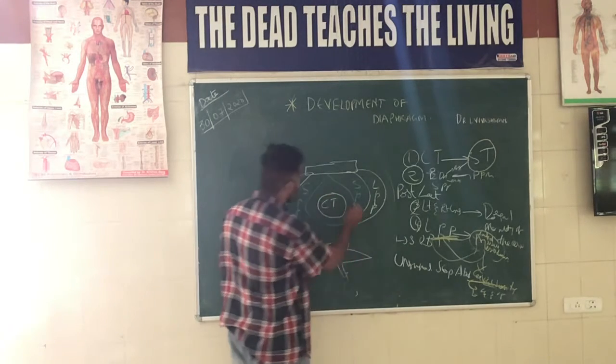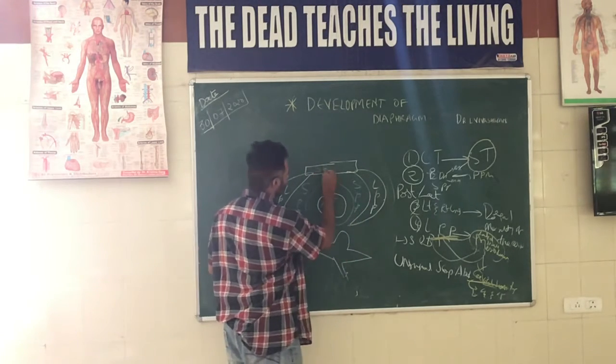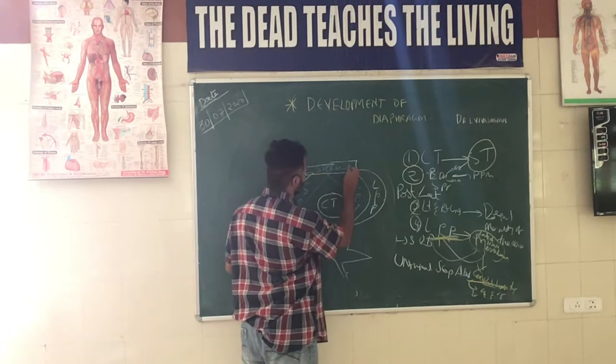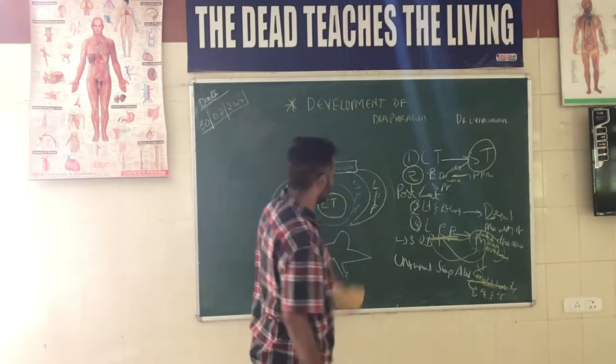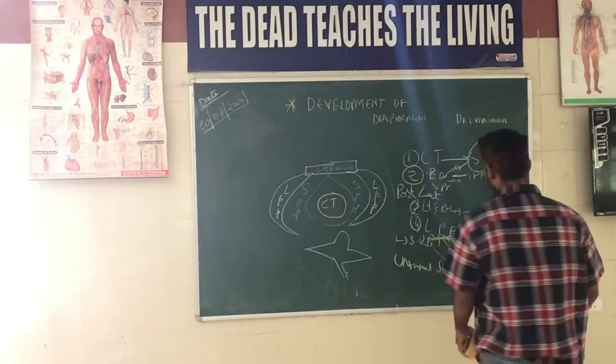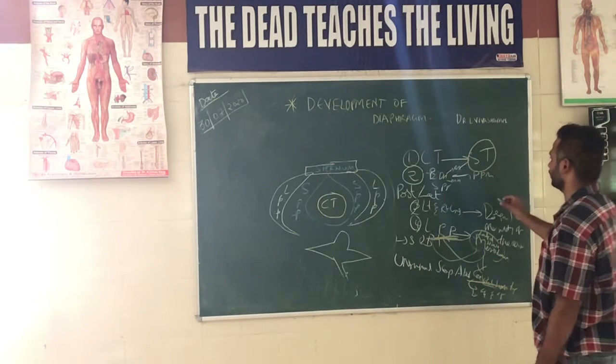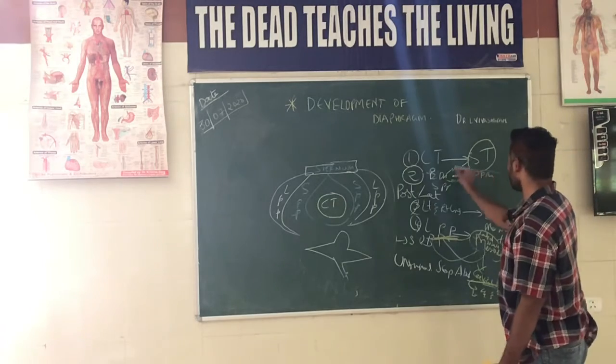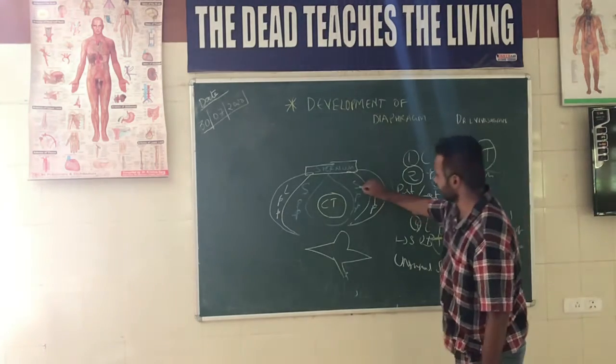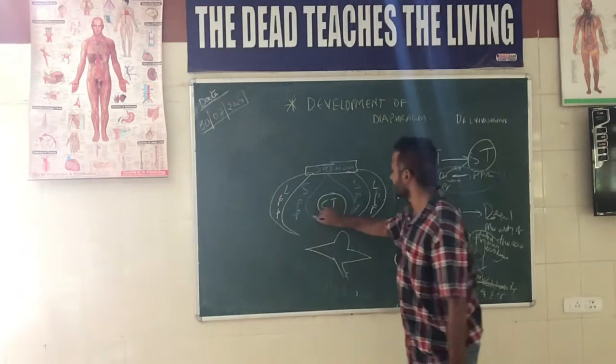This small peripheral part will be developing from the pleuroperitoneal membranes.